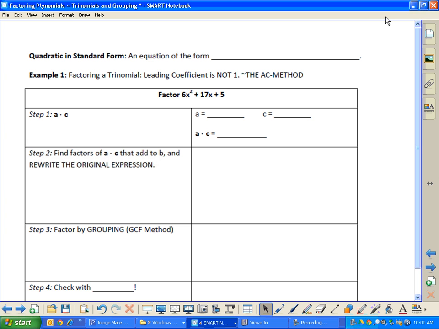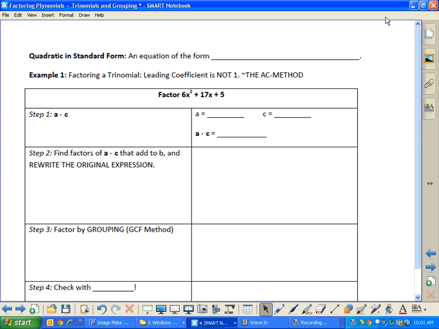And characteristically speaking, you might recall from your Algebra 1 or maybe even your geometry class that when we write a polynomial in standard form, we look at the exponents and they decrease as we go down the line. Do you remember that a little bit? Yeah? Okay, good. So when we go to write a quadratic in standard form, that sort of rule that you had for polynomials in Algebra 1 follows in line here.